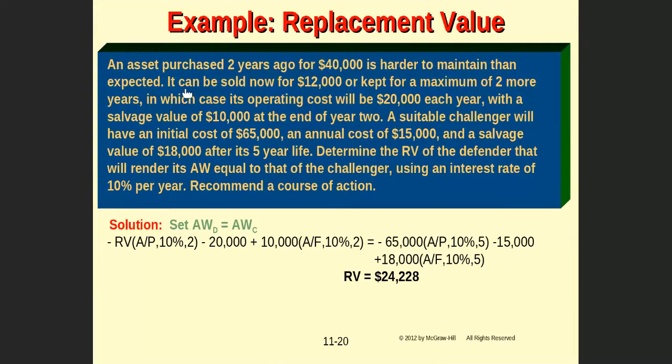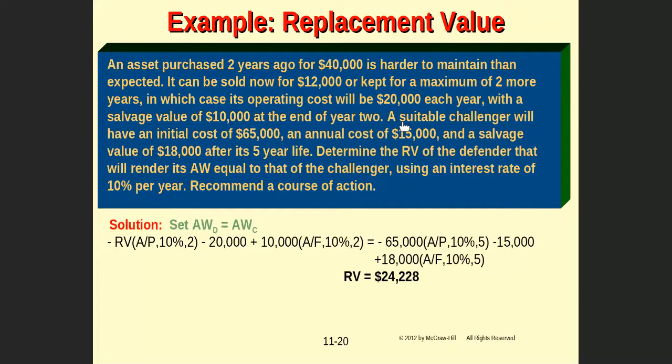It can be sold now for 12,000, or kept for a maximum of 2 more years, in which case its operating cost will be 20,000 each year, with a salvage value of 10,000 at the end of year 2.